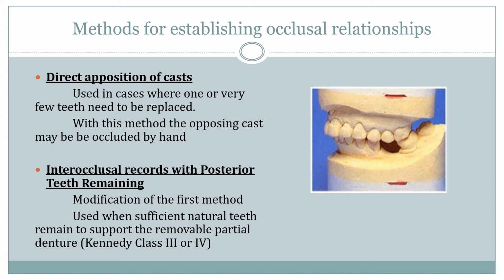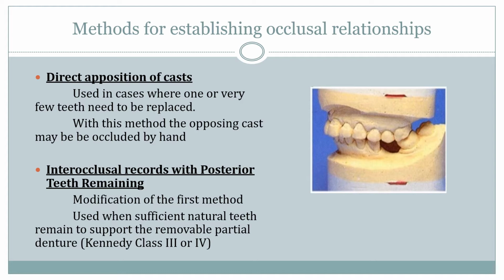Then, looking at methods for establishing the occlusal relationship, you will come across the direct opposition of casts. In the picture you see that the maxillary cast is hand articulated with the mandibular cast, and the edentulous space is bound by teeth on either side, right? There are teeth on the mesial side as well as the distal side, and you can see uniform contact of the upper teeth with the lower teeth.